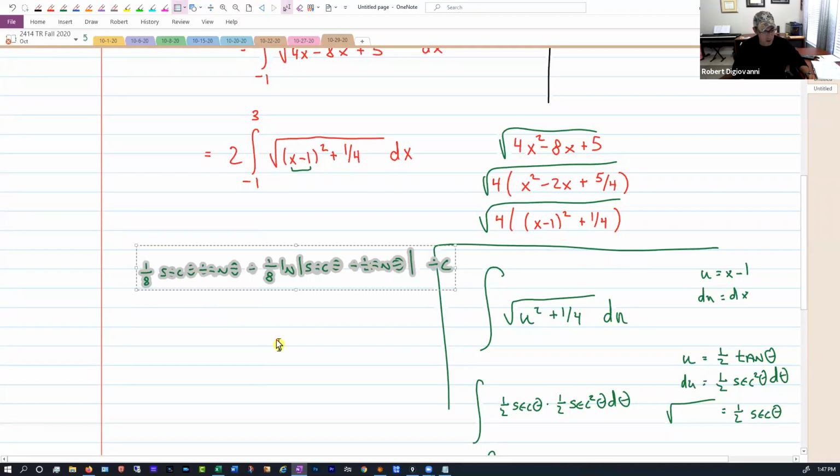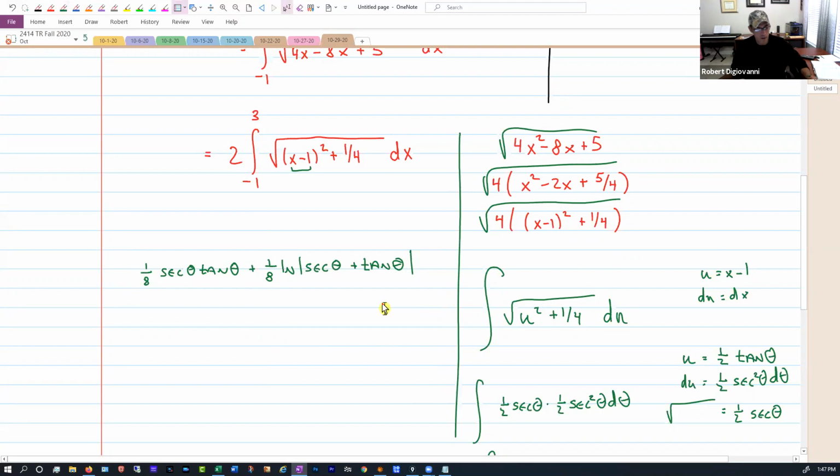Paste. Now I put it here. Now I need to replace all my thetas with what? So I've got to make a reference triangle. Here's theta. I know tangent theta is, using this right here, tangent theta should be 2u over 1.